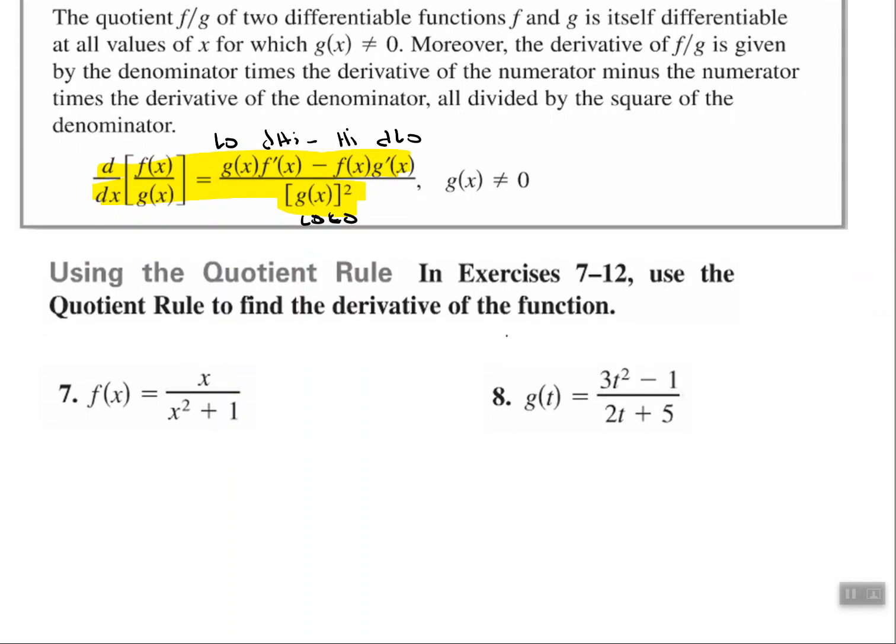Alright, let's look at number 7 here. So f prime of x, low, or your denominator, times the derivative of the numerator. Derivative of x is simply 1. Remember, we have that 1 there, it will come down, subtract 1 from the exponent, so derivative of x to the first is simply 1.